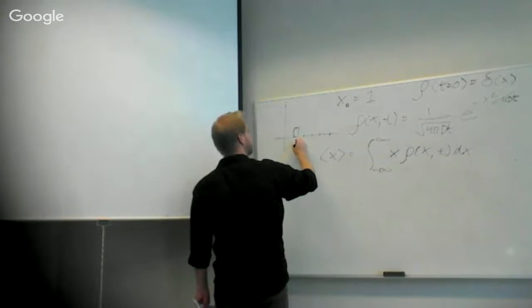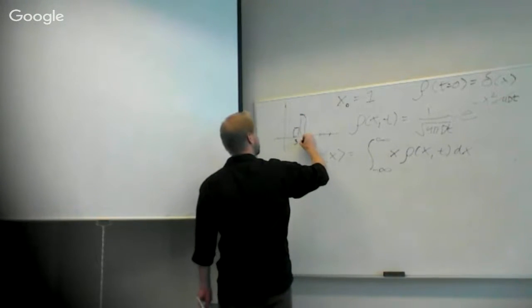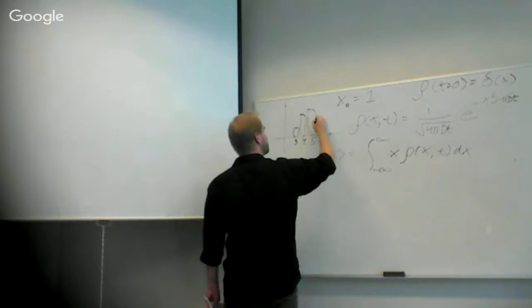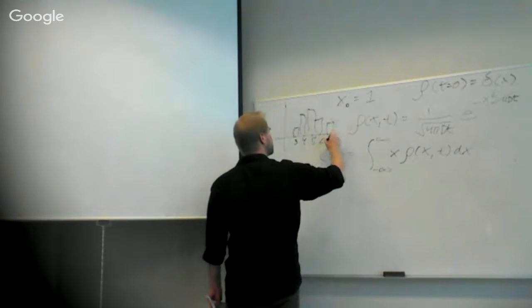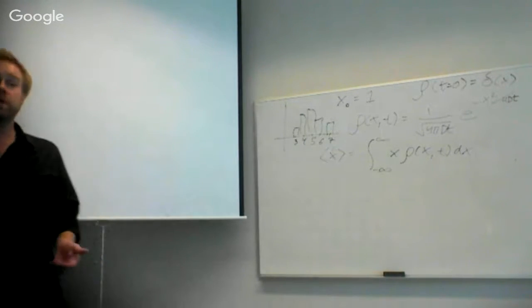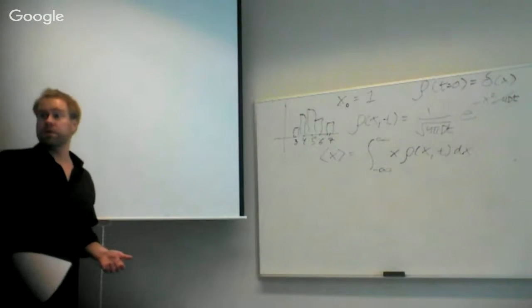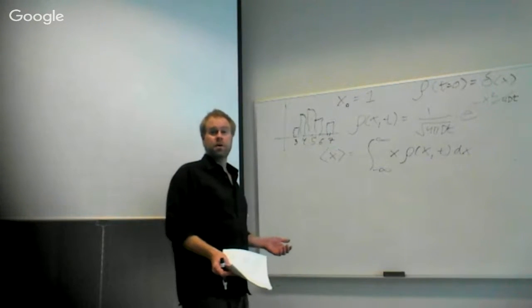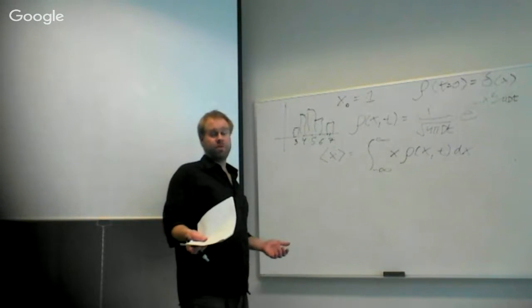These are people that are 3 feet tall, 4 feet tall, 5 feet tall, 6 feet tall, 7 feet tall. And you want to calculate the average height of people. How do you do it? Take all the 3, 4, 5, 6, and 7, add them up.